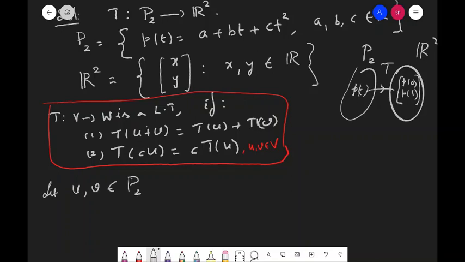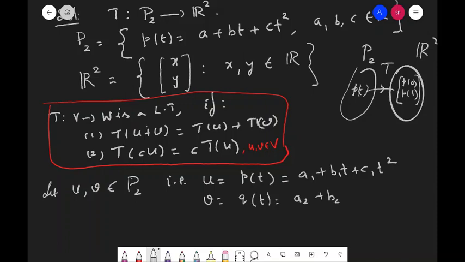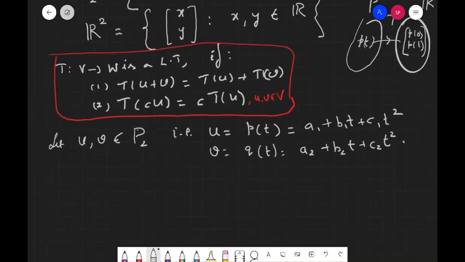Let me take U equal to P of T, which is A1 plus B1T plus C1T square, and V equal to Q of T, which is A2 plus B2T plus C2T square. They are in P2.